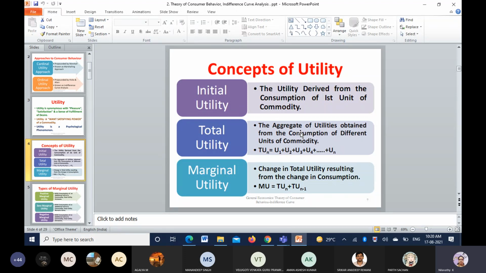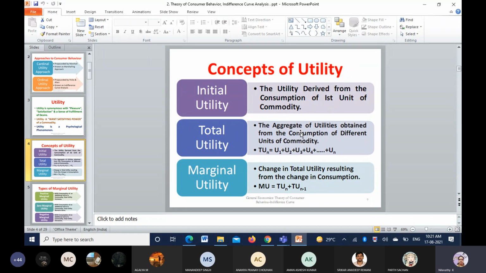Total utility means if I am consuming 10 units, after consuming unit 1, unit 2, unit 3, unit 4, likewise all 10, totally what I am going to get is the total utility. For the first unit, that unit is the total utility.